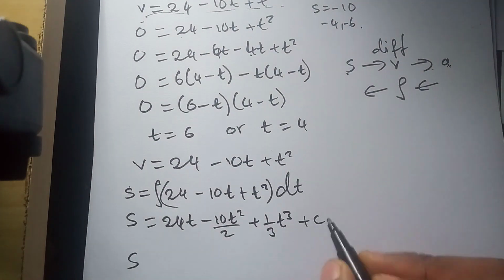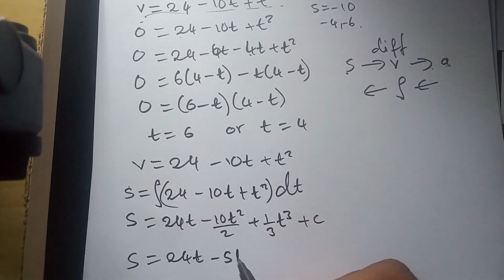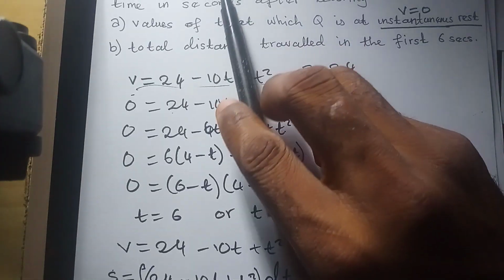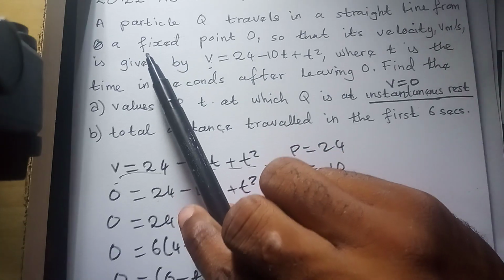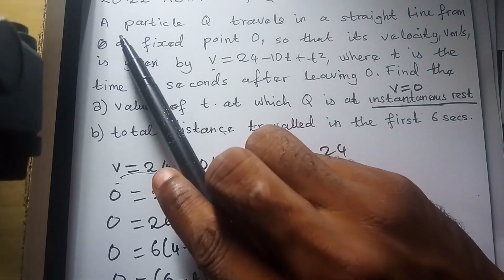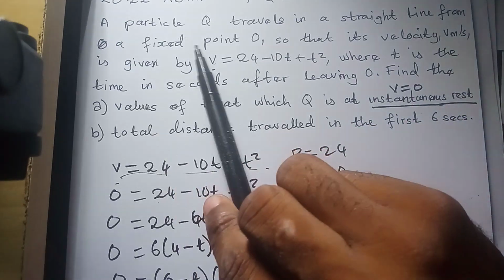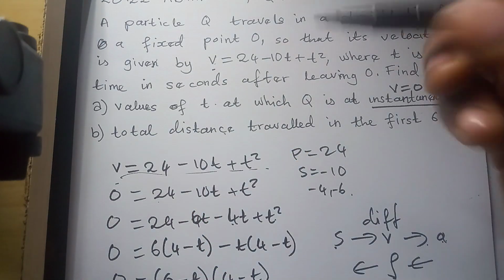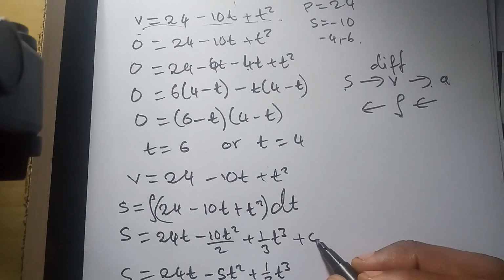About this c, let me just simplify it first. This will be 24t minus 5t squared, then plus 1 over 3 t cubed. About this C, we've been told that this particle travels in a straight line from a fixed point O. So the fact that it says from a fixed point O, this O there is the origin, that's 0, 0, tells you that your C will be 0.